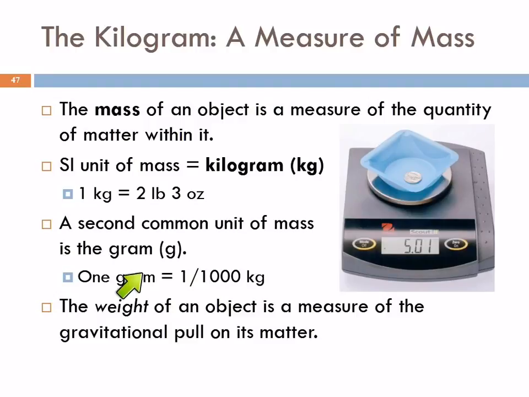And one of the cool things about the metric system is we can change the size of the unit just by putting a prefix in front. So the gram is a small unit and the kilogram is a big unit. We have different sized units in the English system as well. We have ounces and pounds and tons, right?